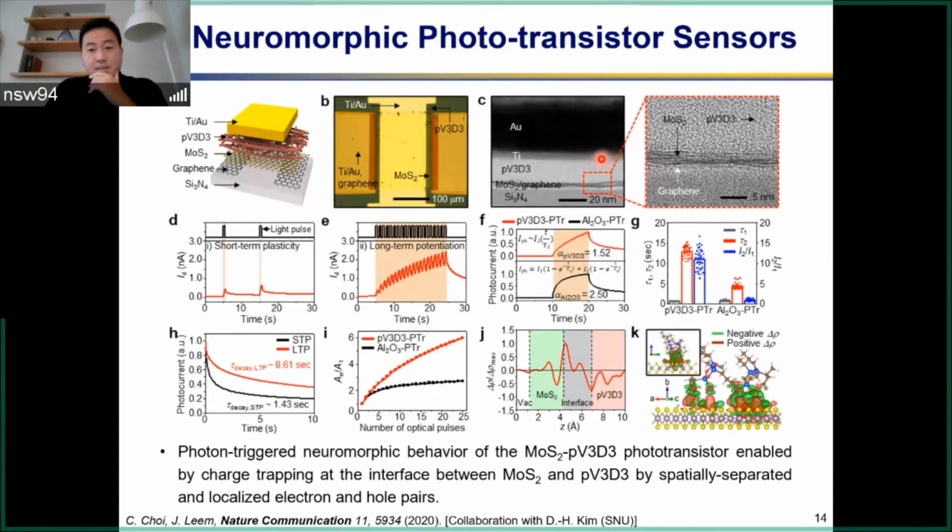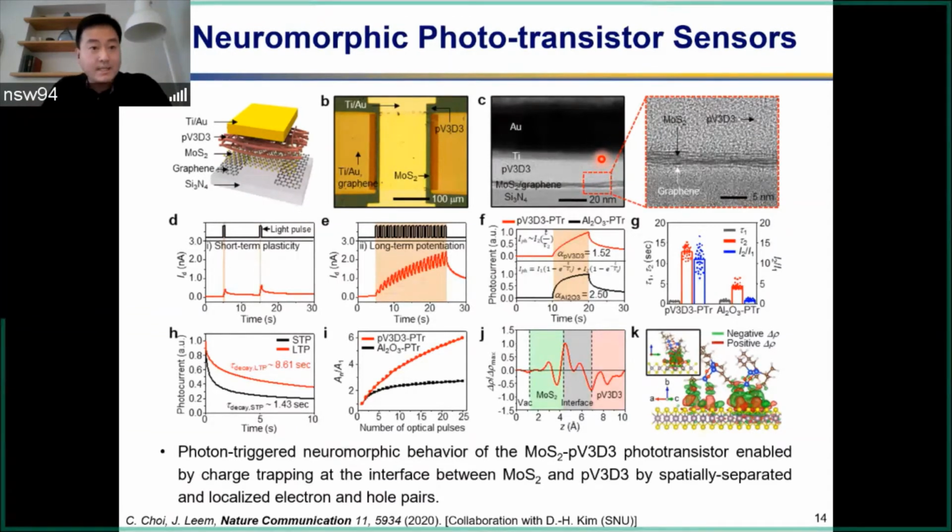But what's really unique about this, compared to the more traditionally widely used gate dielectric, aluminum oxide, in our community, is that we learned this PV3D3 enables a very nice long-term potentiation.